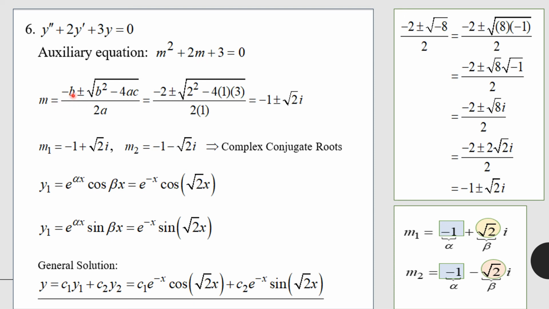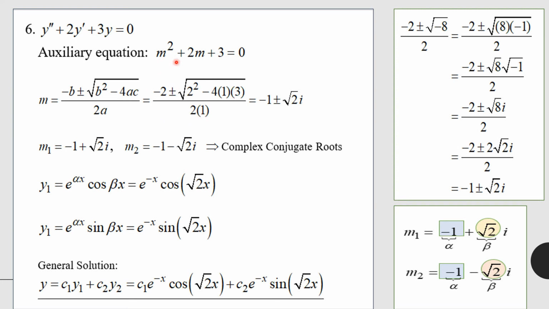So m is negative b plus or minus the square root of b squared minus 4ac, all over 2a. So negative b is negative 2, plus or minus the square root of b squared minus 4 times a, now a is 1, times c equals 3, divided by 2 times a, again a equals 1.